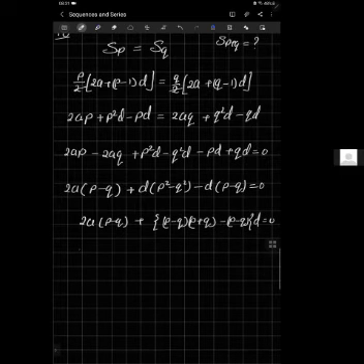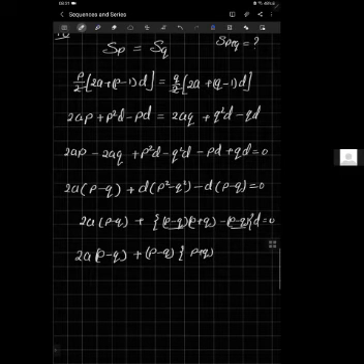Now next step: 2A, and this is just I'm taking the steps so that you must be able to understand. P minus Q I'm taking common, P plus Q minus 1 into difference d equals to 0.